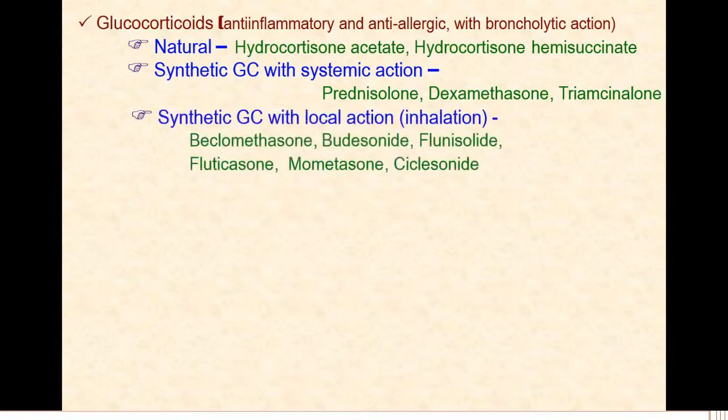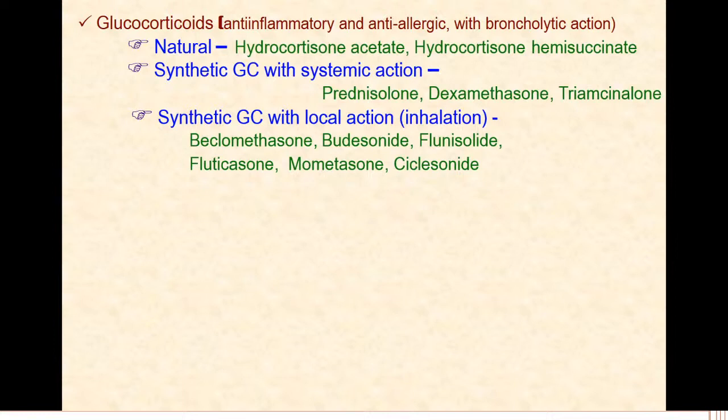But nowadays glucocorticoids with local action have appeared, local or topical glucocorticoids, which are of greatest importance nowadays. These are beclometasone, budesonide, flunisolide, fluticasone, mometasone, ciclesonide.